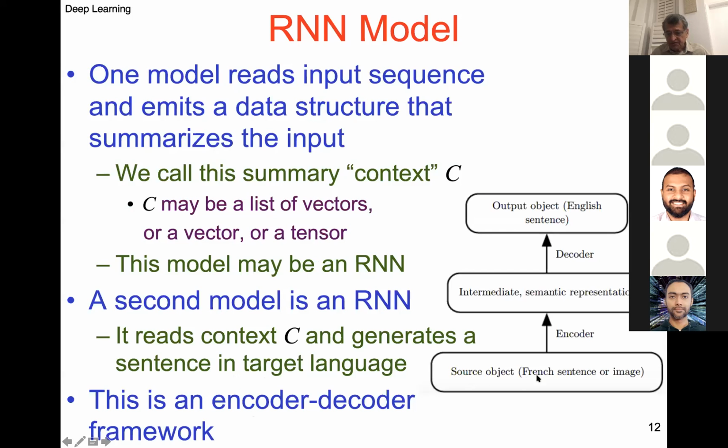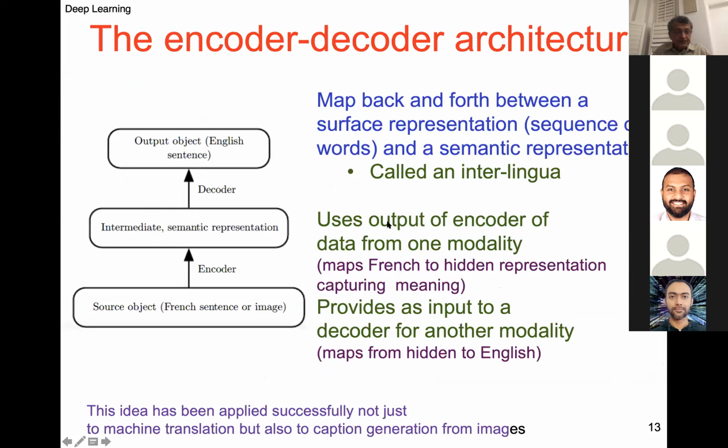So the source object may be a French sentence, or even an input image. The encoder gives you an intermediate semantic representation, and the decoder gives you an output object. In a sense, we are converting what was being input, which is a sentence, into some kind of representation which captures the meaning irrespective of the language. It is some kind of an interlingua. So the encoder-decoder architecture maps back and forth between a surface representation, a sequence of words, and a semantic representation called an interlingua.